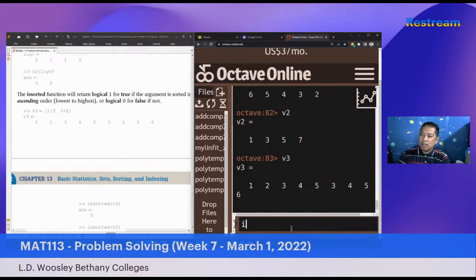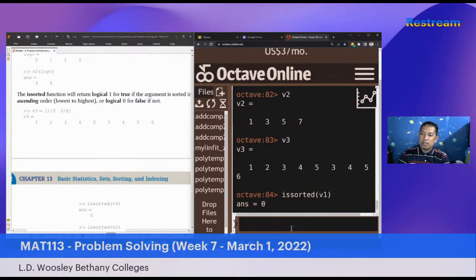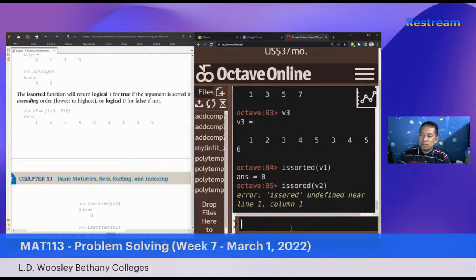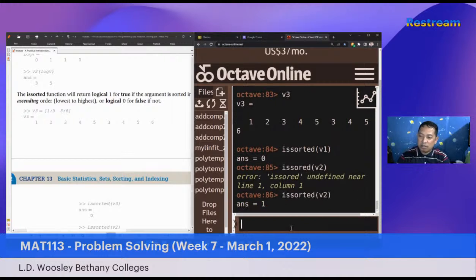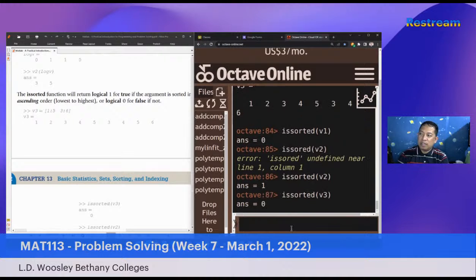So we will see if issorted B1. It's 0, so it's not arranged in ascending order. Issorted B2, it's 1 because it's in ascending order. And then issorted B3, it's 0, it's also not in ascending order.